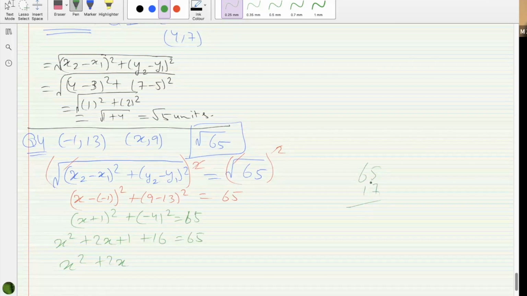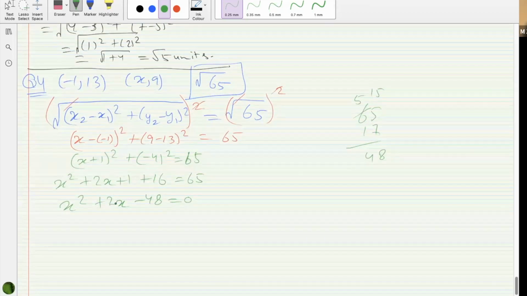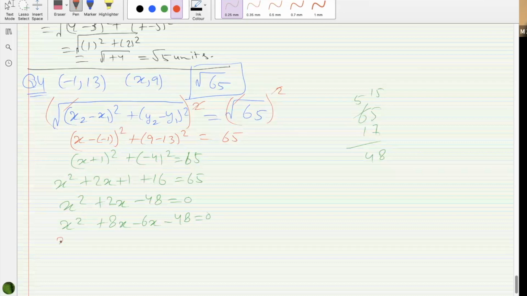I do not have my calculator with me. So this is 48, so x square plus 2x minus 48 equals 0. So x square plus 8x minus 6x minus 48 equals 0. x into x plus 8 minus 6 into x plus 8.